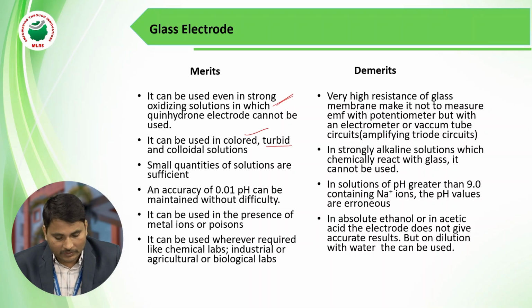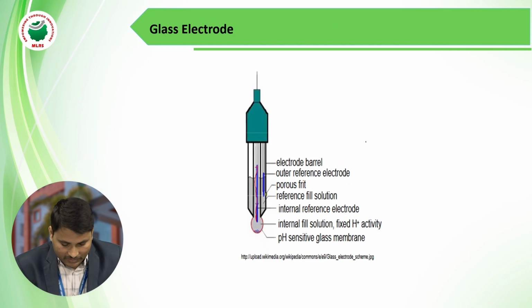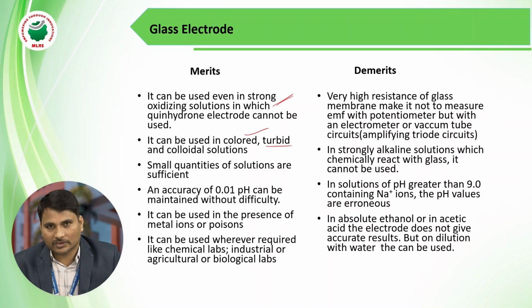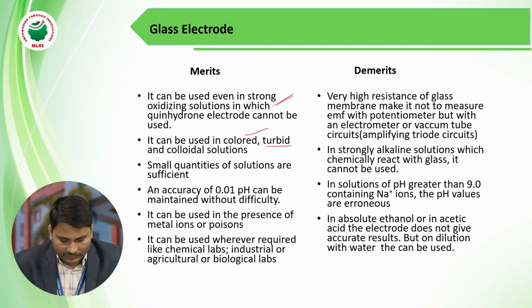A small quantity of solution is sufficient to touch this sensitive pH bulb. That much solution is enough to test the potential. An accuracy of 0.01 pH can be maintained.